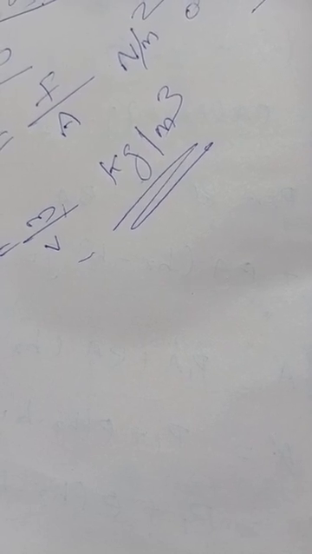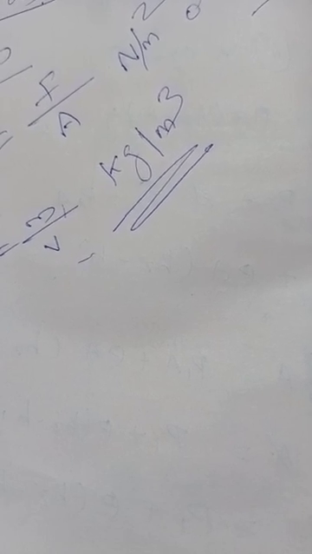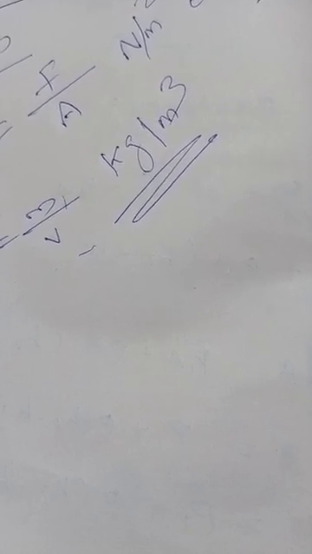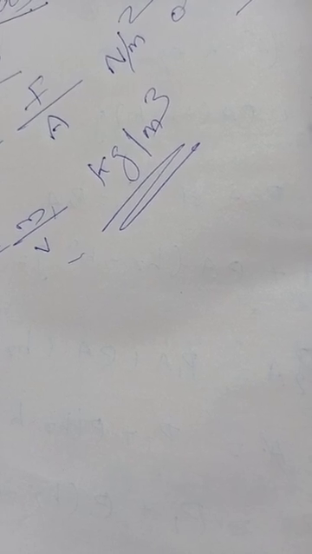Suppose we take the density of mercury. We know the density of mercury is 13.6 into 10 to the power 3 kilogram per meter cube, and the density of water is 1.0 into 10 to the power 3 kilogram per meter cube.